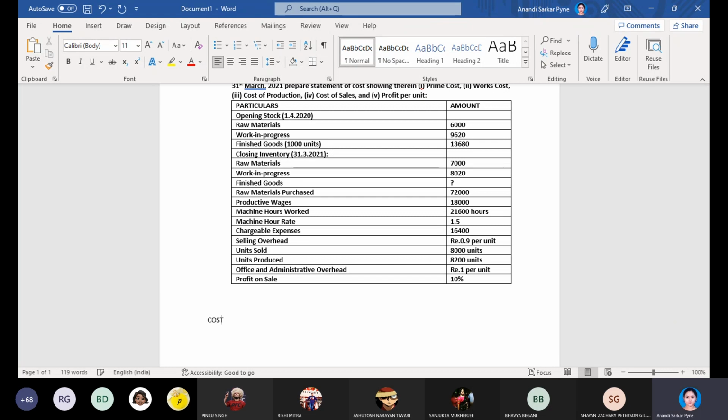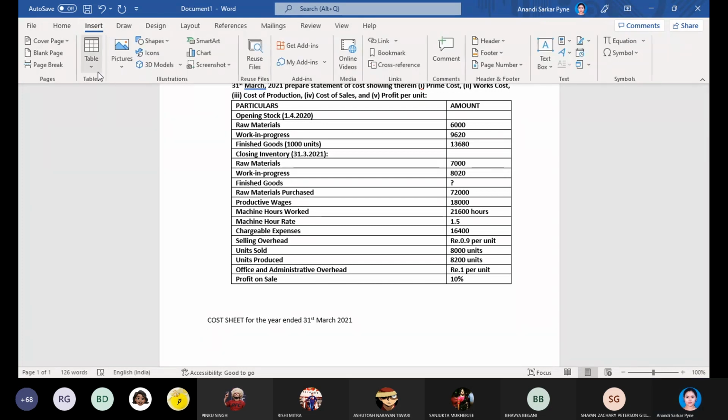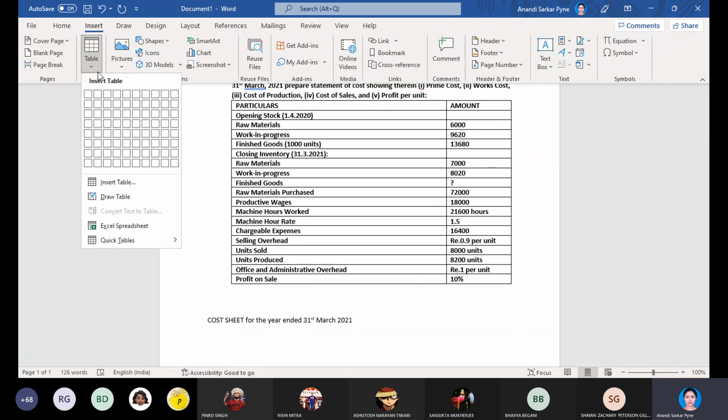So cost sheet for the year ended 31st March 2021, with particulars and amount columns.